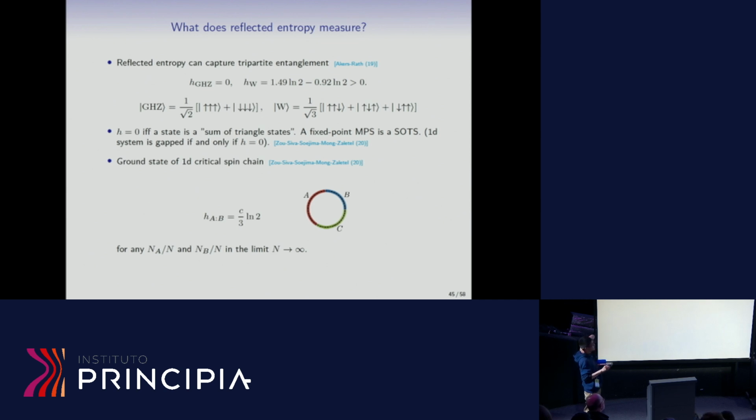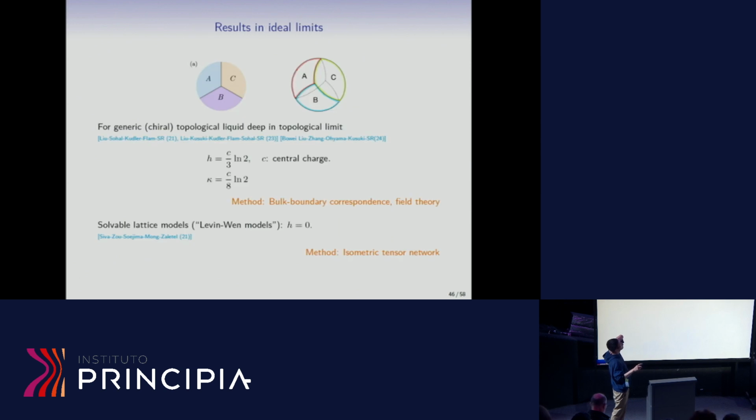So the next thing I want to discuss is our main target, topological states of matter in 2 dimensions. I will first present some results, okay, and then I will elaborate. Let me first present the results in the ideal cases where we can do analytical calculations.